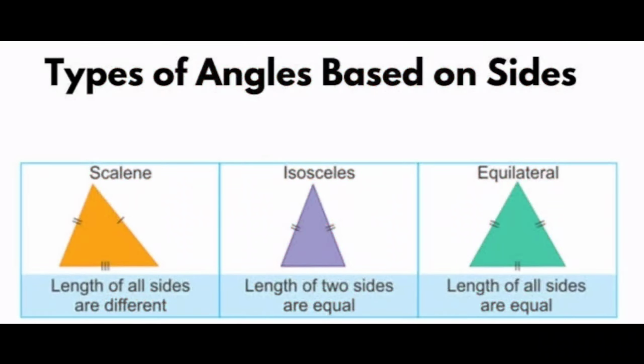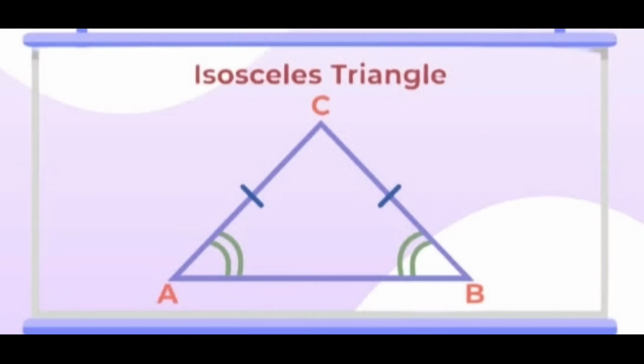And the next one, the second type of triangle based on sides, is the isosceles triangle. So the definition of isosceles triangle: a triangle having two sides of equal length and another side different is called an isosceles triangle.